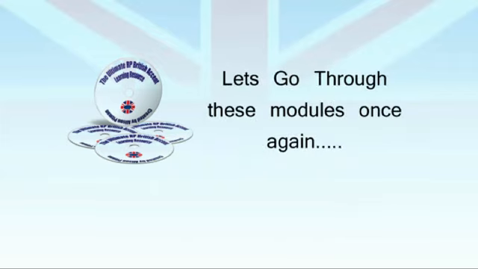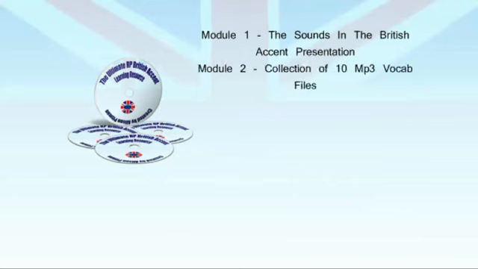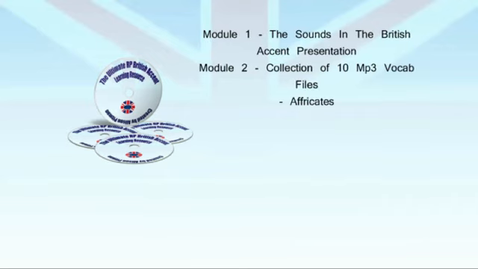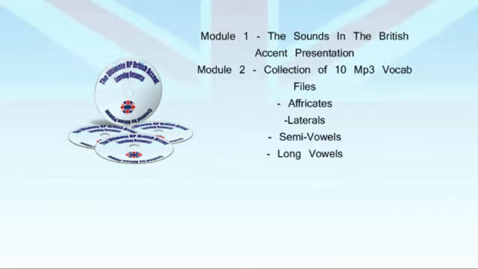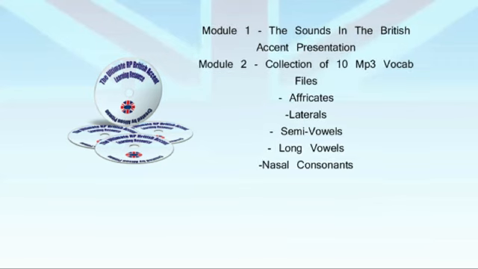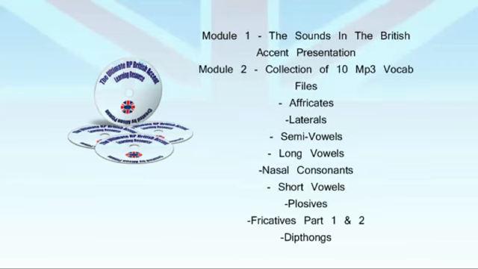So there you go, modules 1 to 11. Let's recap on all the different modules. Module 1. The original sounds in the British accent presentation. Module 2, the collection of the 10 MP3s and now with their own MP4 video files of the vocab lists, which are covering affricates, laterals, semi-vowels, long vowels, nasal consonants, short vowels, plosives, fricatives, and diphthongs.